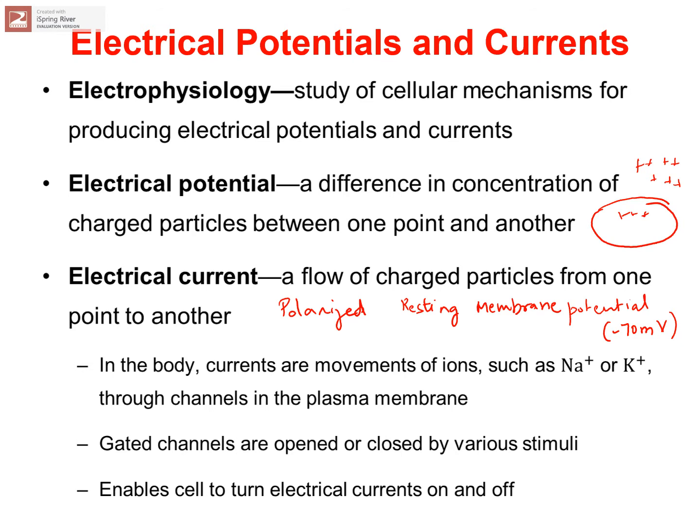Okay, this creates an electrical gradient across the cell membrane, and the difference in charges inside and outside is called the resting membrane potential. Just like you can measure the voltage of a battery, let's just say this is a 12-volt battery, you can actually use a voltmeter to measure the potential of a cell. So for neurons, it's negative 70 millivolts.